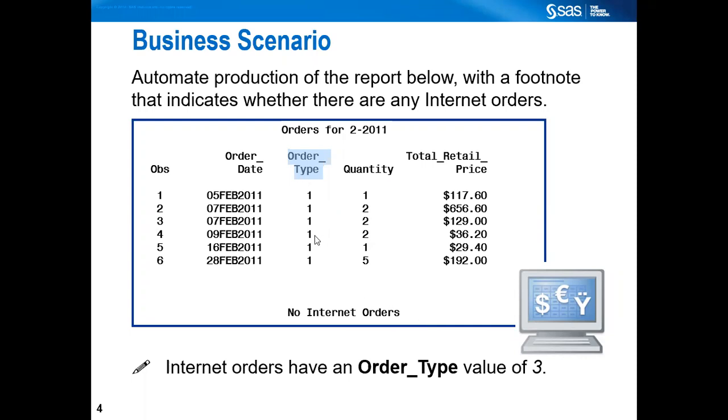But in case the order type in your data is 3, then it should say internet orders. That's what it's telling: automate production of the report below with a footnote that indicates whether there are any internet orders, and they have given a note that internet order is the value 3 for your order type.